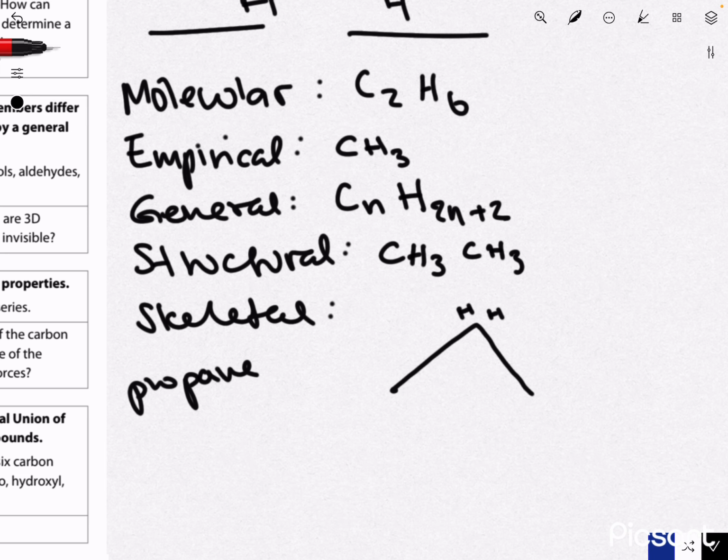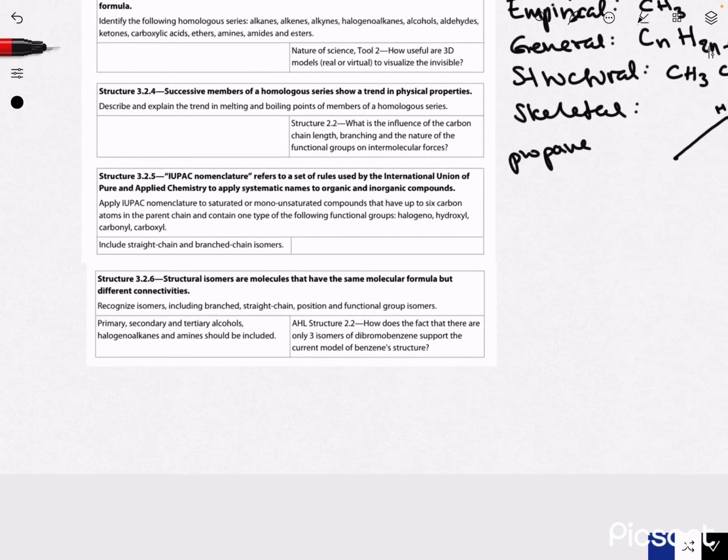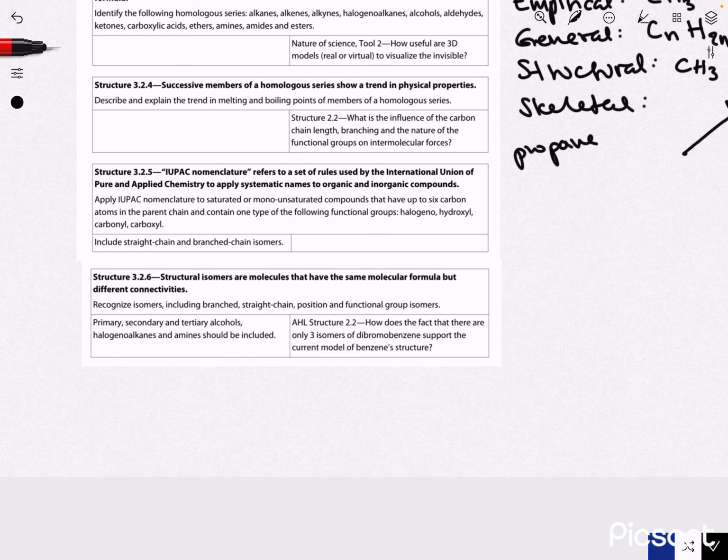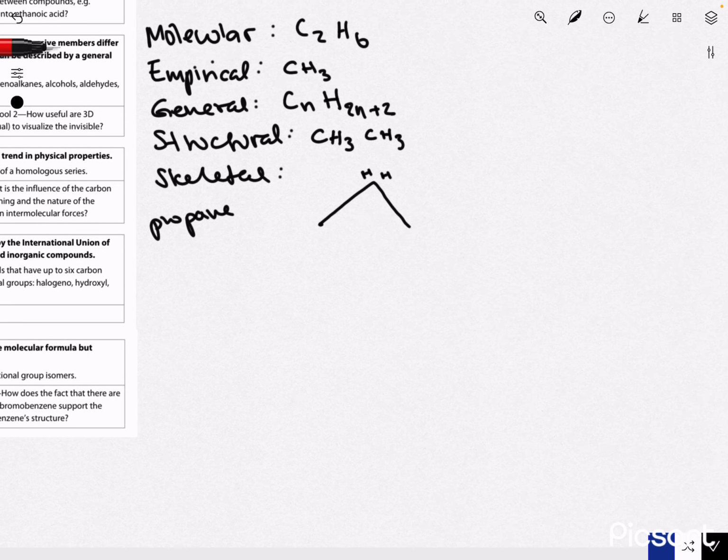So this is quite a simple demonstration of what a skeletal formula can look like, but you can also have different structural isomers, which, as stated here, are molecules with the same molecular formula but different connectivity, in which you have branching of our skeletal formula.